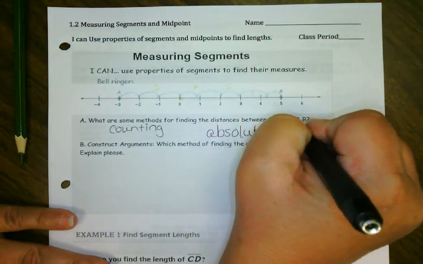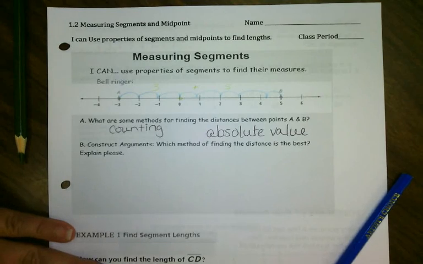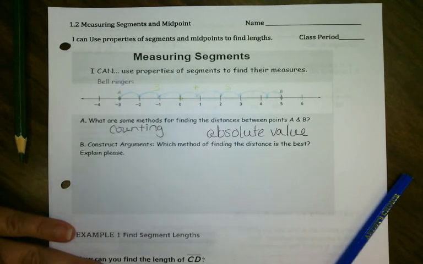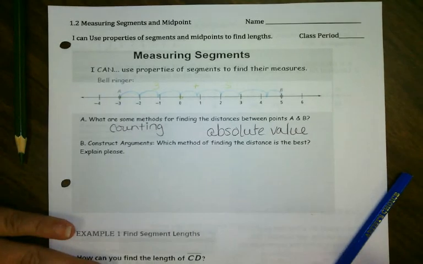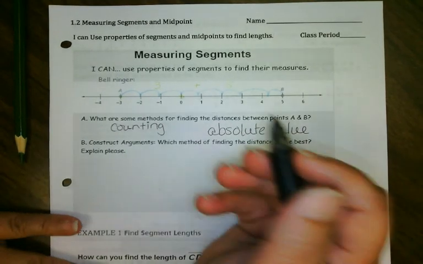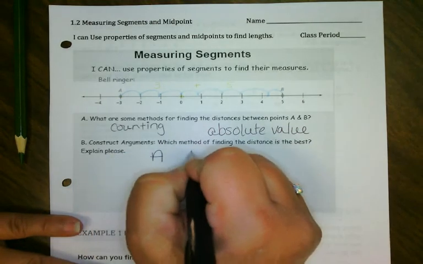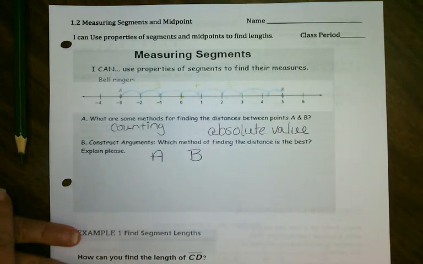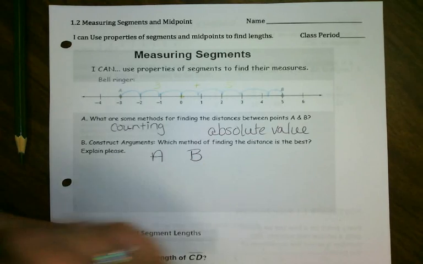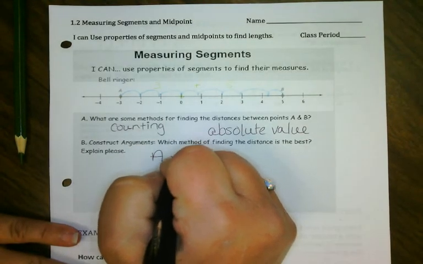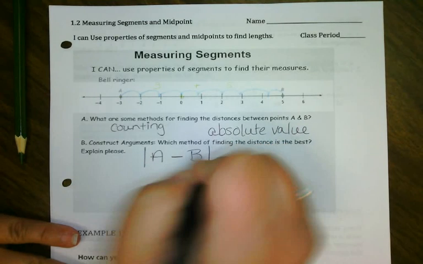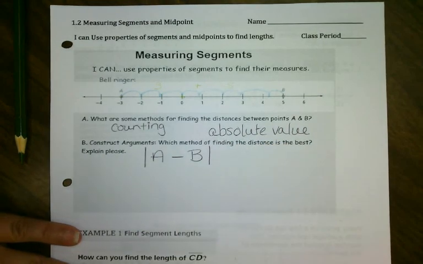If you remember, an absolute value is just a number's distance from 0 on the number line. That's all it is. How far is it from 0? Okay, so I can take any 2 points, and I'm going to call them point A and point B. If I subtract them inside that absolute value sign, okay?